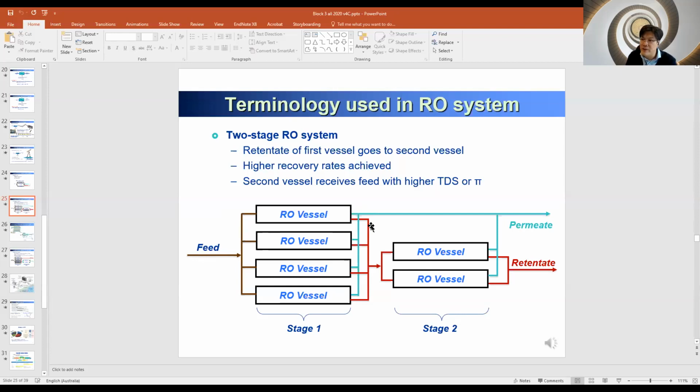Your recovery is still around 40%. If you want to increase your recovery, you can go to the second stage, and the 60,000 milligram per liter concentration goes to the next RO, and the retentate will have around 70,000 milligram per liter, which means 50% recovery of your RO process.